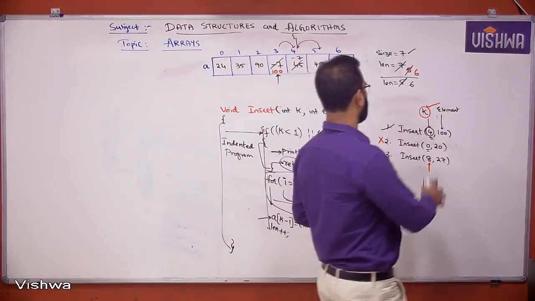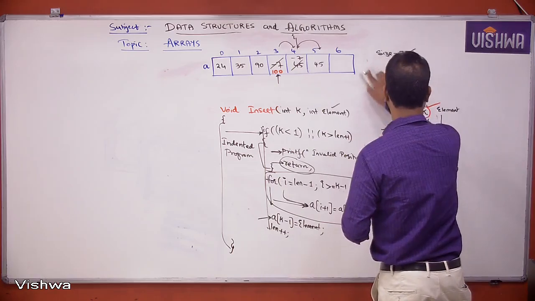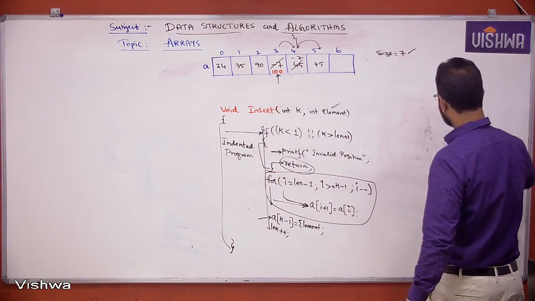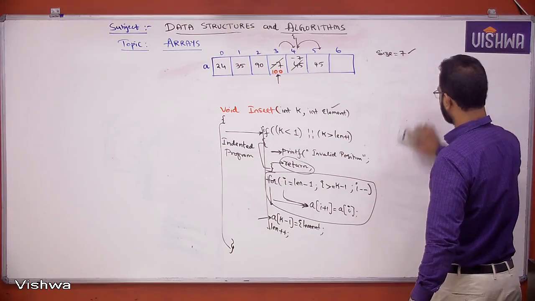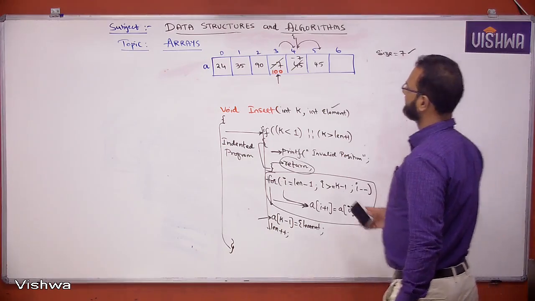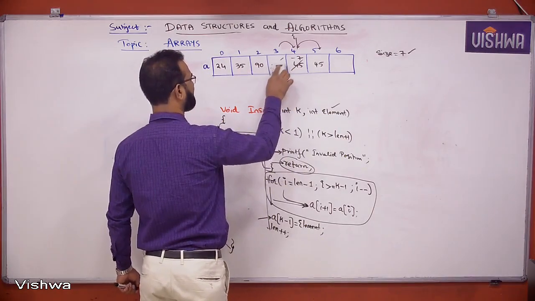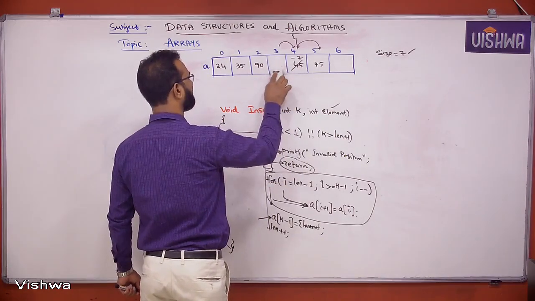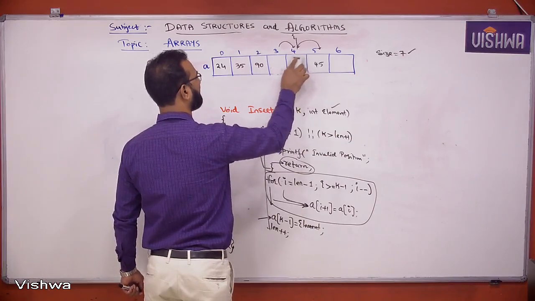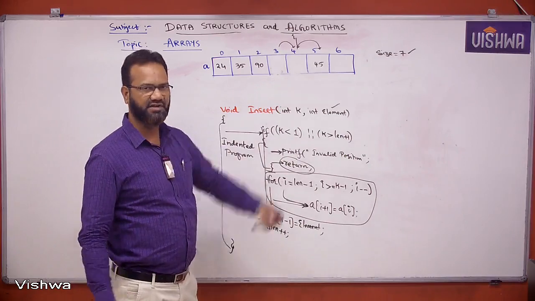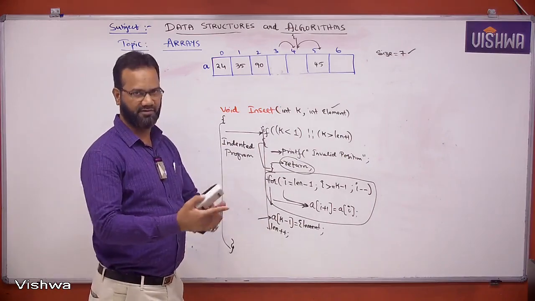Let's go for the next one. The next function in the list is delete. It will manipulate or change the contents of the array. One more important point here is that when we move the contents, they are actually overwritten.